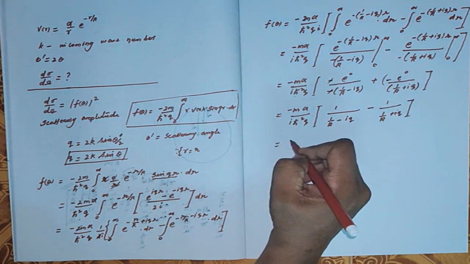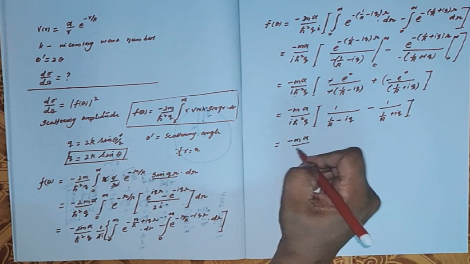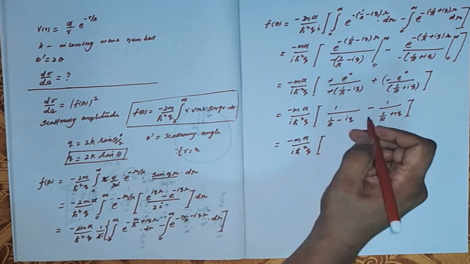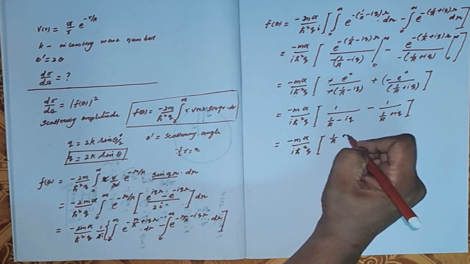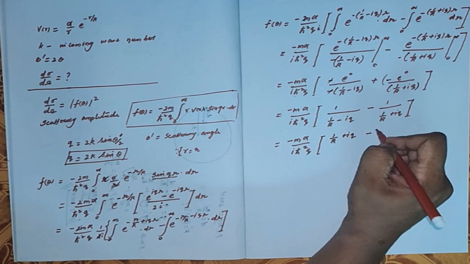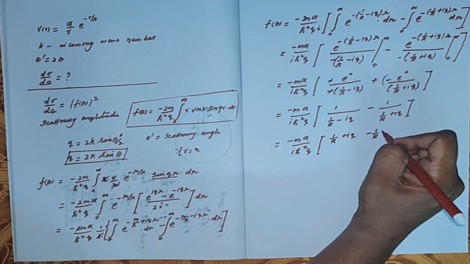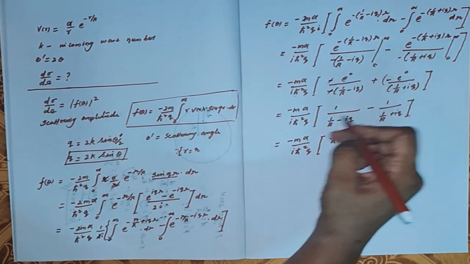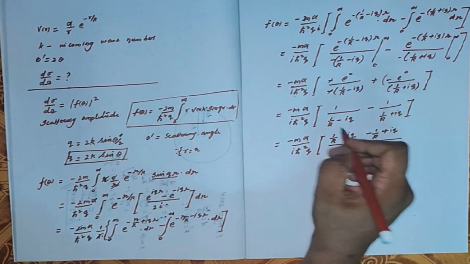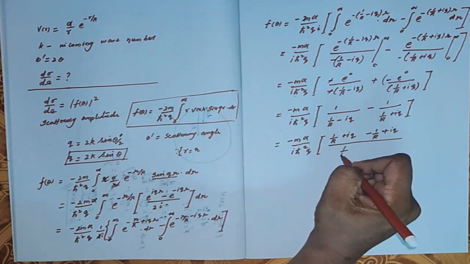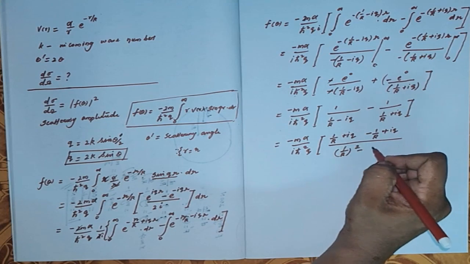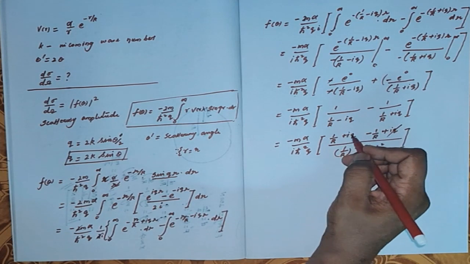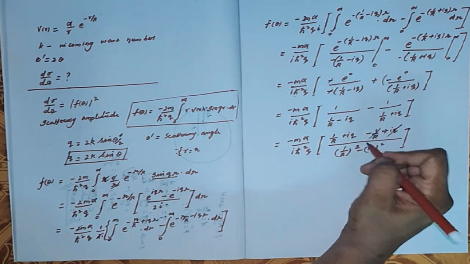So this would be equal to minus m alpha divided by i h cut square q. If I cross multiply, it will give (1/r plus iq) and minus (1/r minus iq). I am cross multiplying simultaneously, and with the minus sign it is minus 1/r plus iq, right? It will look like (a plus b) into (a minus b), which is a square minus b square.